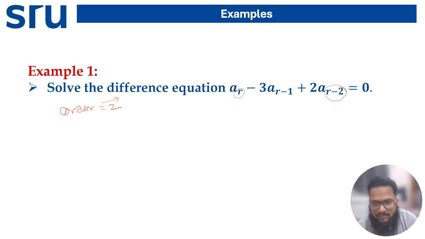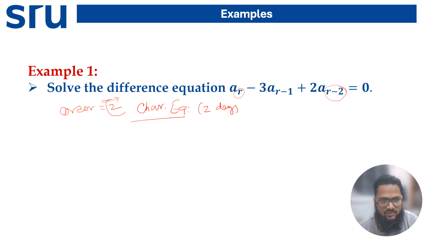So if the order of the equation is 2, then definitely you will get a characteristic equation of 2 degree. Please remember. So if you write the characteristic equation here, which will be definitely second degree. Why? Because the order of the difference equation is 2. So how to write this? Suppose I am writing in terms of r, because it is r given.